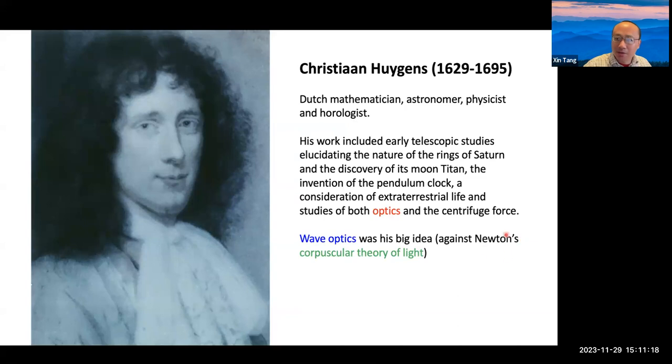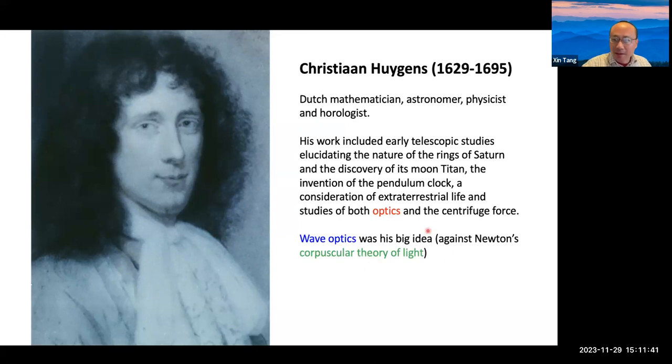So when Newton applied those theories, established by himself, to light, he found many of his theories still valid. So he became more and more convinced light consists of particles, and those particles compose the light rays.